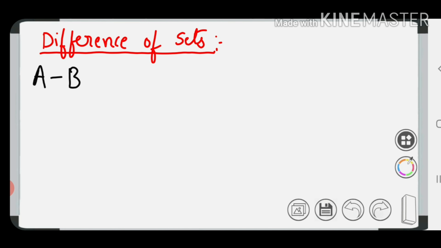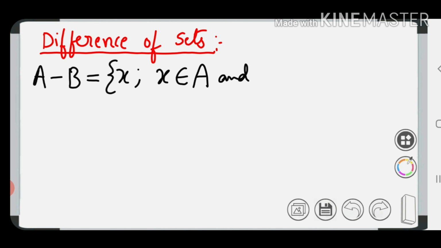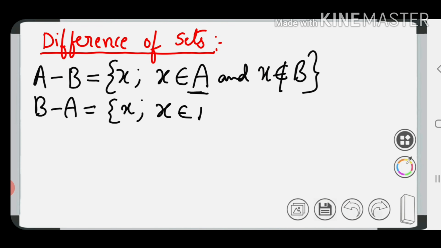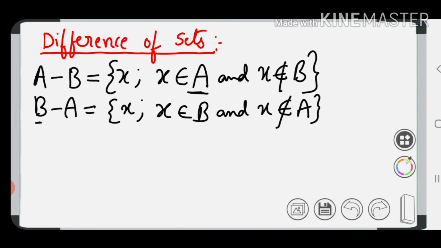First, A minus B. A minus B means in this set we have to write such elements x so that x belongs to A and that element does not belong to B. That means we have to write such elements which belong to A only, not in B. If you want to write B minus A, it means we have to write such elements in this set that belong to set B and do not belong to set A. Okay, this is B minus A, this is A minus B.